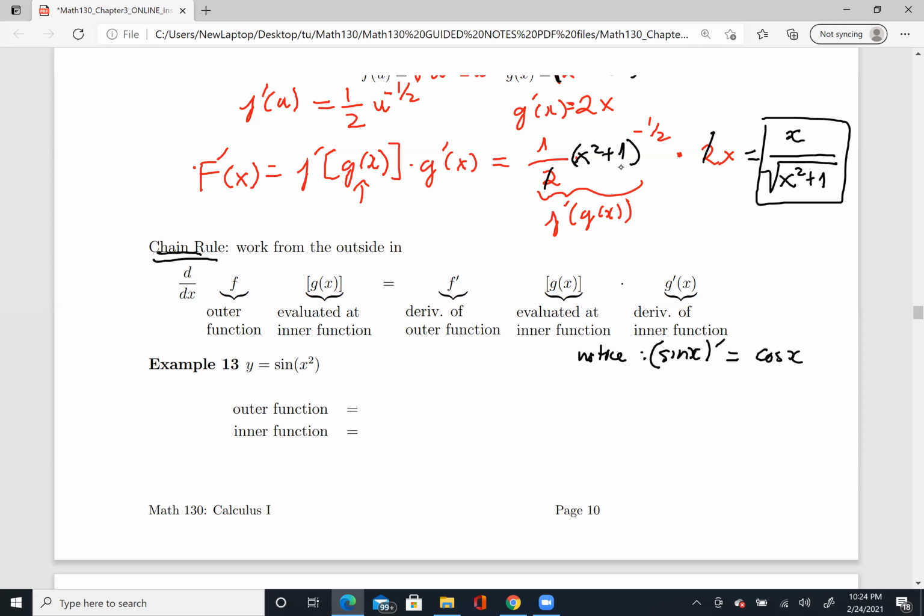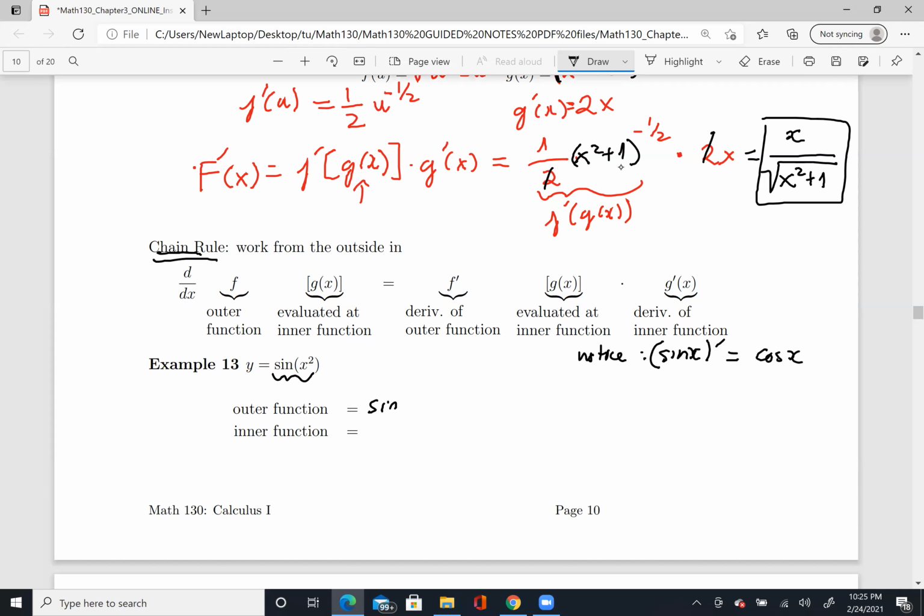But in this case, you have sine of x squared. That is a composition of sine of x and x squared. So the outer function should be sine of u.